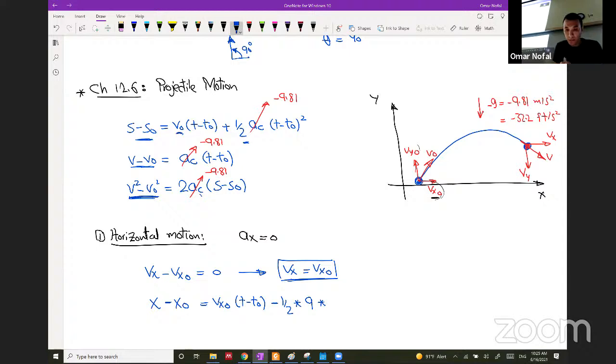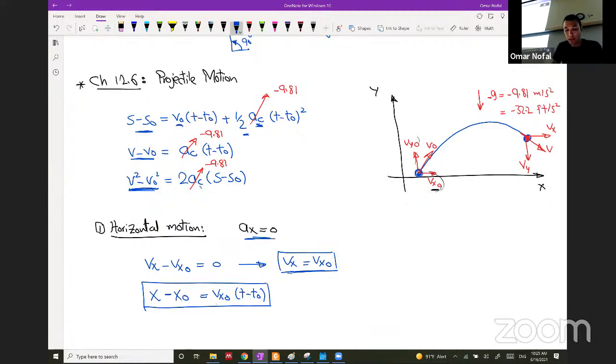Oh, sorry, this is 0. I'm still in the horizontal, so the acceleration here is 0, so it will only be in this format. X minus X node equals Vx node multiplied by T minus T node.